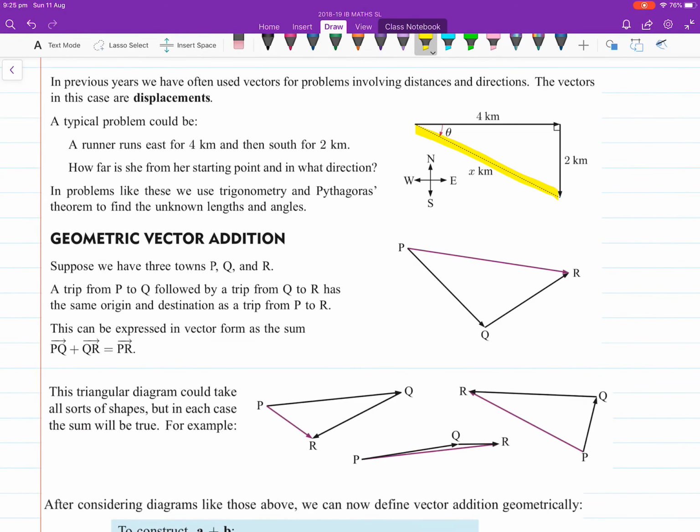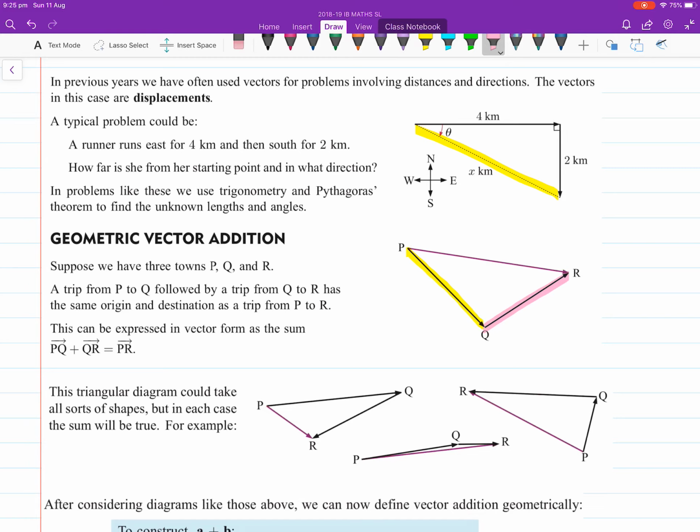So if I have this vector here, PQ, what we do is we line up the base of the arrow to the head of the arrow. So there's that PQ, and then the next vector I'm allowed to place here, so the tip of this arrow is now at the tail end of the next one.